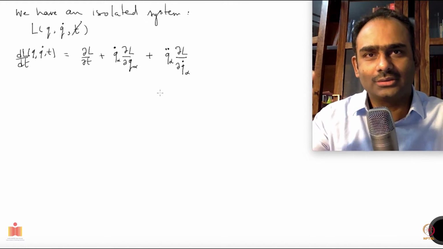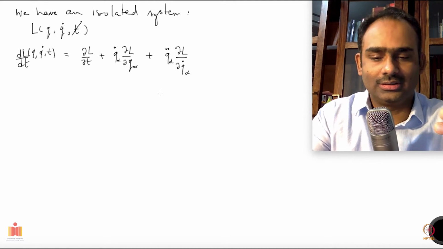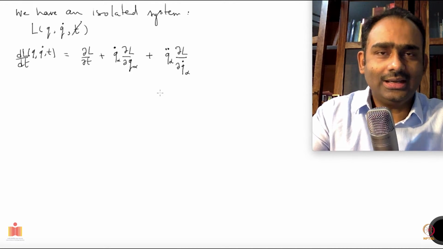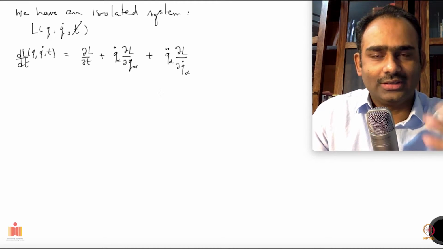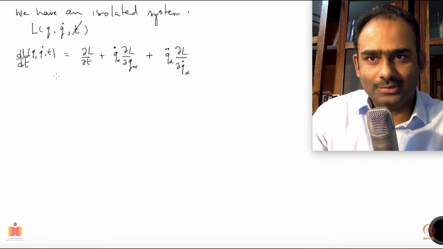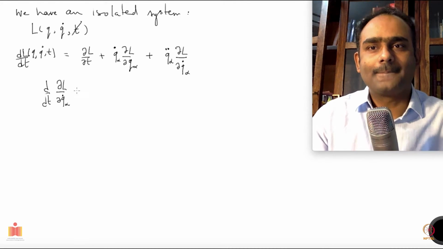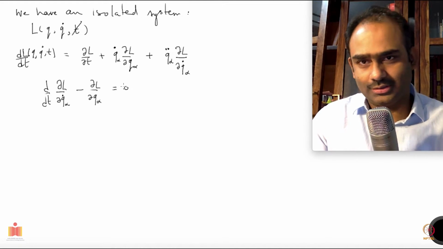Now this relation by itself cannot tell you anything, because I have not put in any information on how the system evolves with time. For that I need to put the equations of motion into this. So I'm going to throw in the information about how the system evolves, meaning I will use the Euler-Lagrange equations, which say d over dt of del L over del Q alpha dot minus del L over del Q alpha is 0.